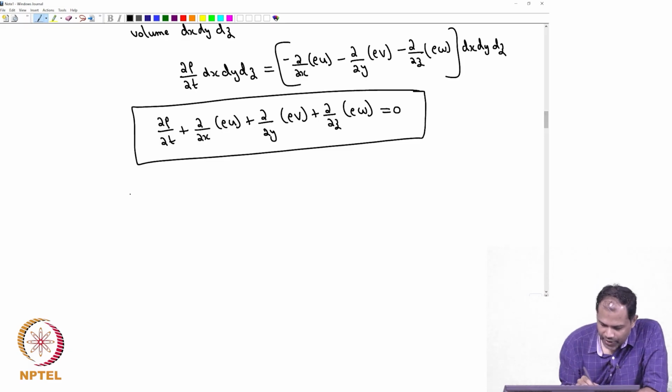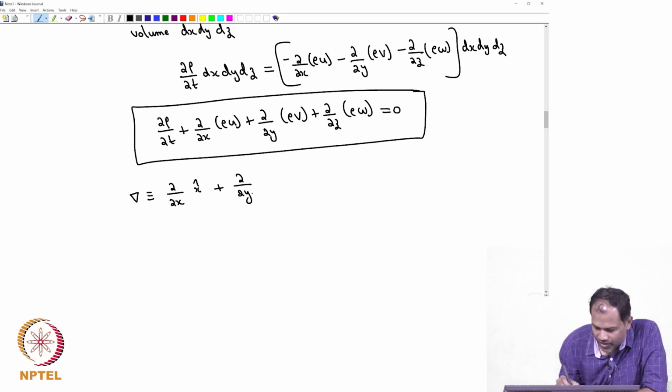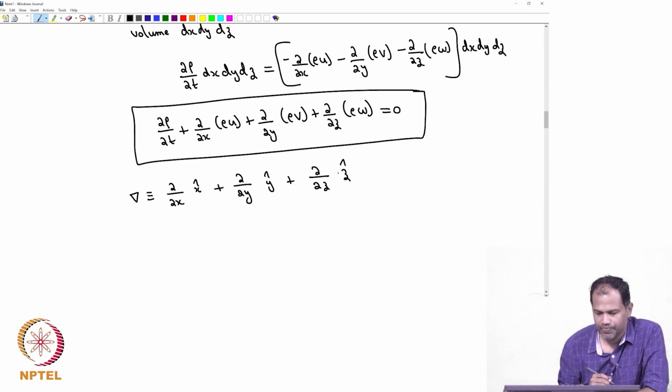Remember, the gradient operator that we had was nothing but del by del x of x cap plus del by del y of y cap plus del by del z of z cap.